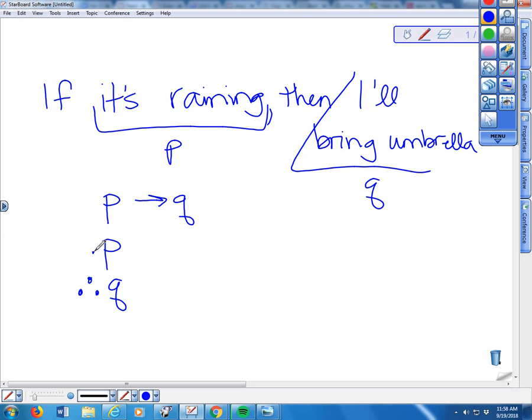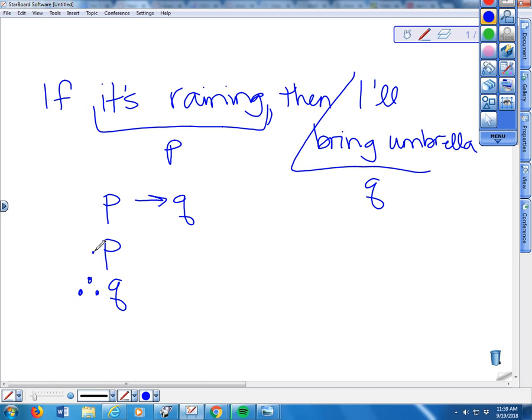Okay? If I eat 10 peanut butter and jellies, then I'm going to get a stomach ache. I have a stomach ache. What can you conclude? No, I can't conclude that. That's the point. If I say, if I ate 10 peanut butter and jellies, then I get a stomach ache, and I tell you I ate 10 peanut butter and jellies, you can conclude then I get a stomach ache.